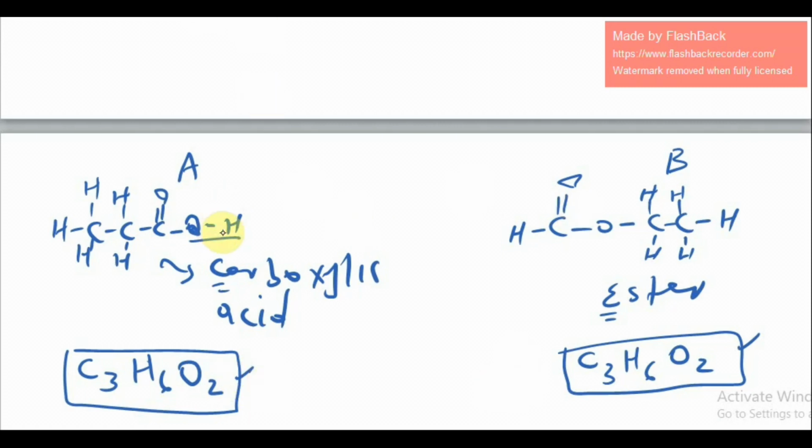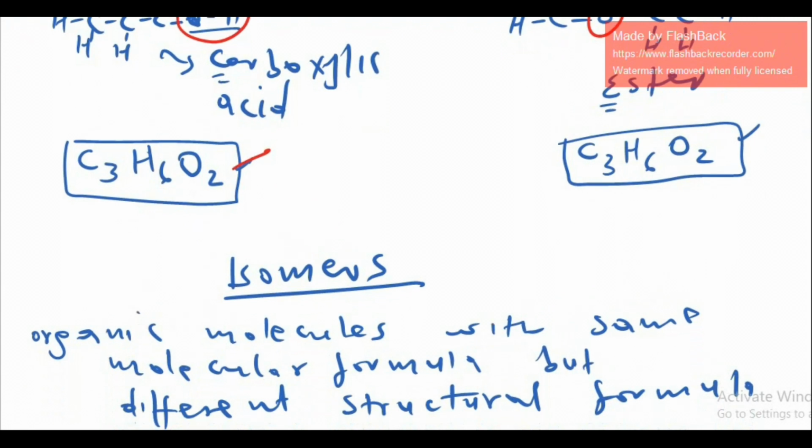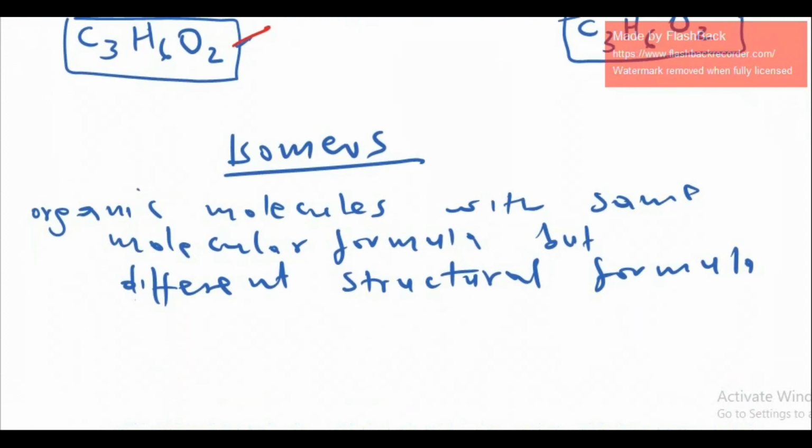How? This one has OH, but this one has just O. There is no OH. So they have different structural formulas, but the molecular formula, as you can see, is the same. Let me draw some structures, then we write the molecular formula, then we compare.